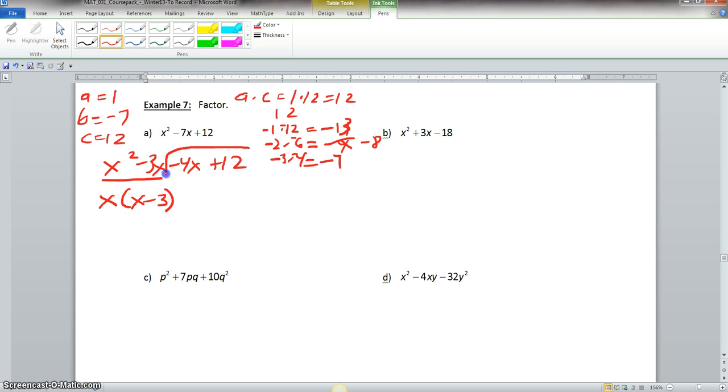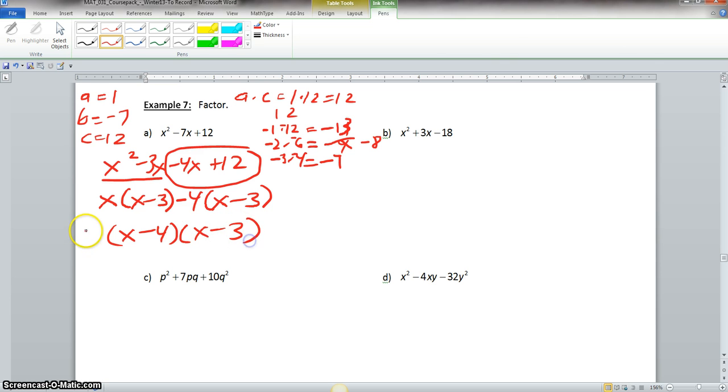We group the second two values. Since that first term is negative, whatever we factor out must be negative. So this will be negative 4, and we'll be left with x minus 3. So we will have x minus 4 times x minus 3. And that is it.